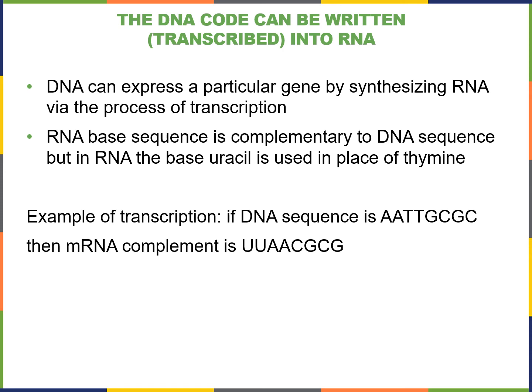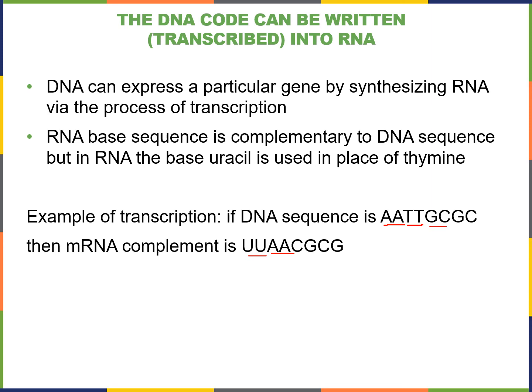It's not a direct copy. It's not C, A, T, put A. What you get, though, is its opposite. Wherever you see an A in the DNA, you're going to see U's in the RNA. Remember, there are no T's in RNA. T's are only in DNA. Every time there's a T in the DNA, A's will be placed in the RNA.